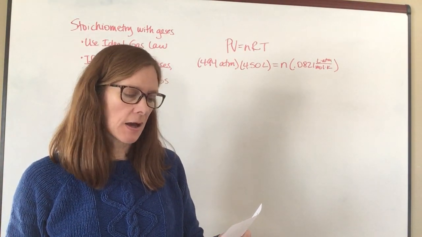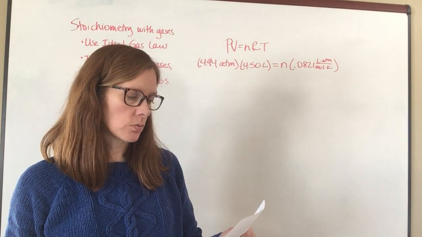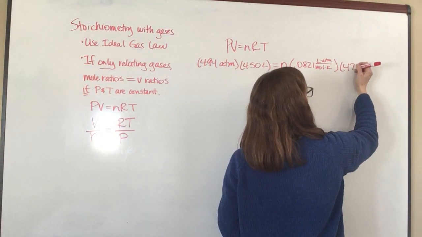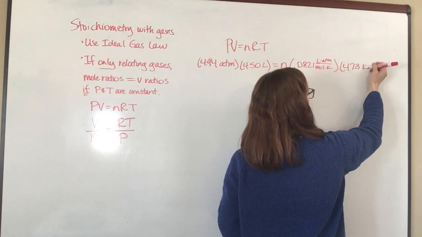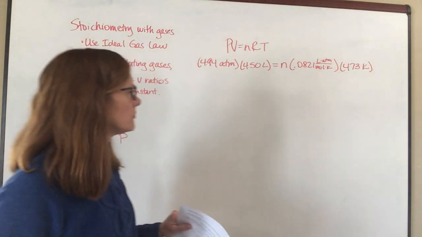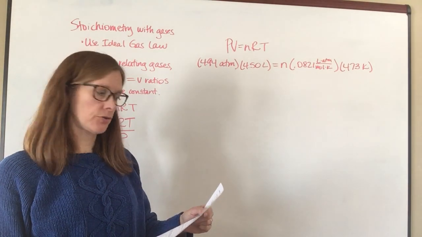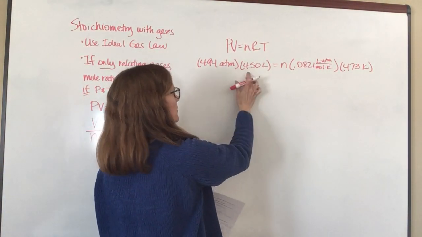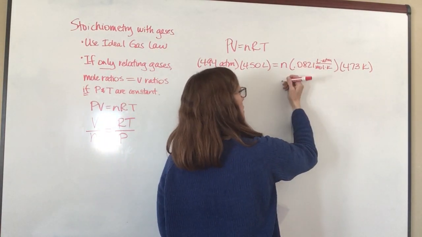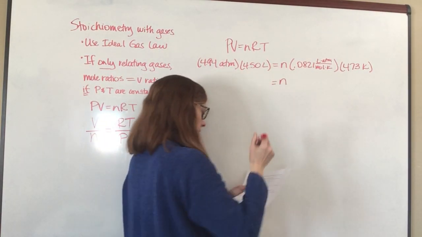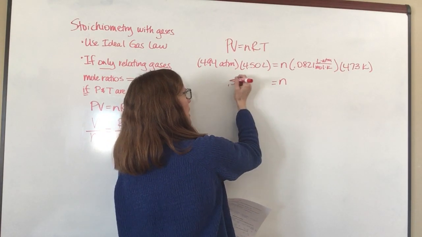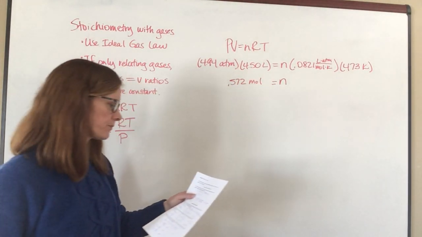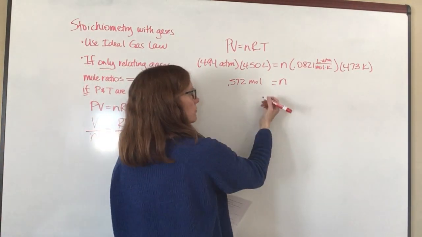In this case, I need to add 273.15 to that, and I'm going to end up with 473 Kelvin. Okay, because 273 plus 200 is 473. And then if I multiply these two together, divide by these two numbers, n is going to come out to be 0.572 moles. Okay, and that is moles of water vapor.